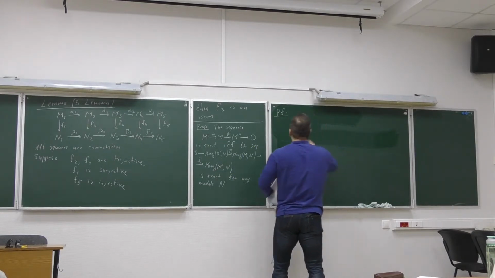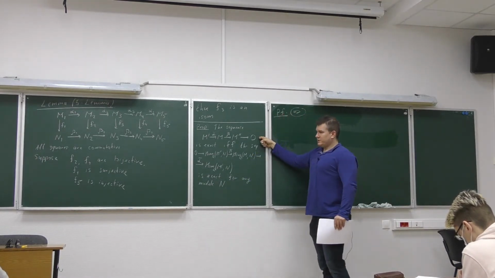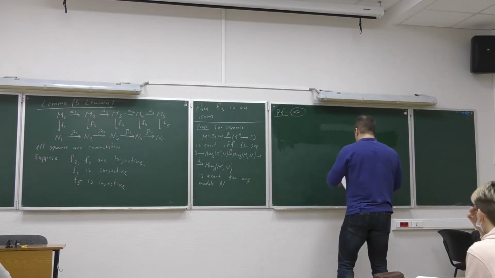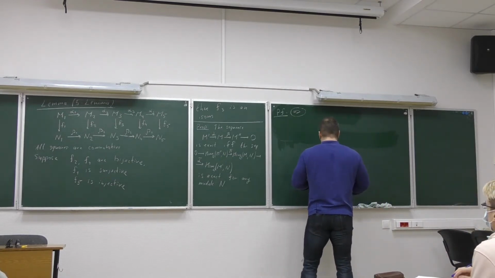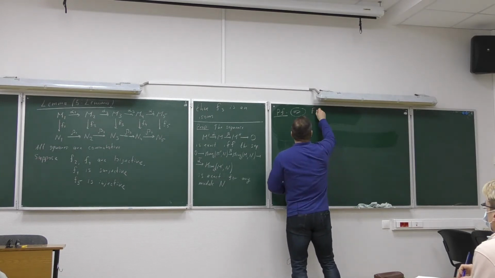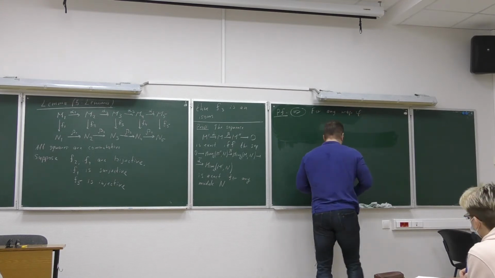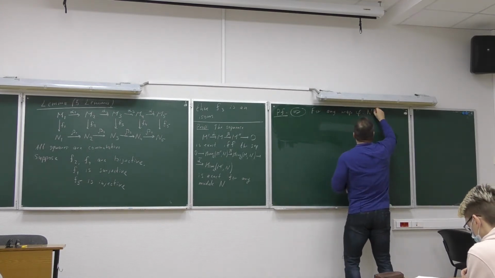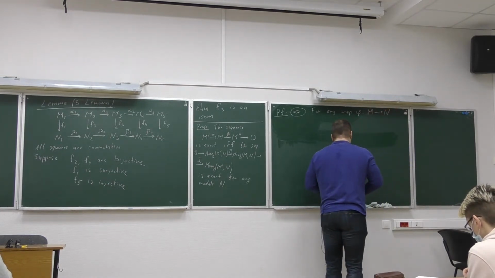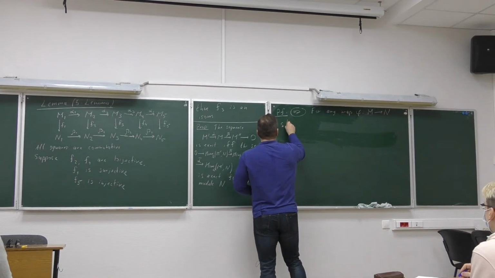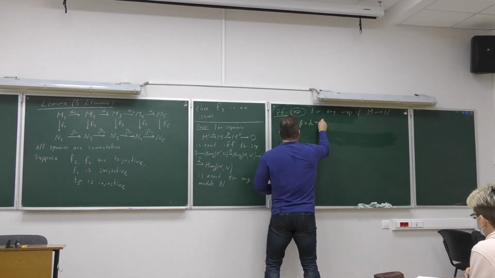So let me start with the direction where I assume that this sequence is exact. Then for any map, let's call this map phi, a map from M to N, such that the composition of phi with alpha is 0.